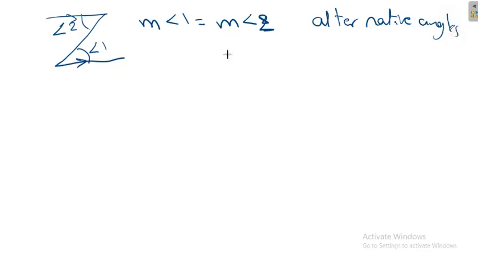Or inverse Z like this. Angle X, angle Y. Measure of angle X equal measure of angle Y.